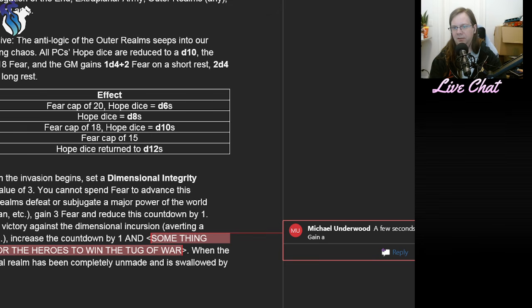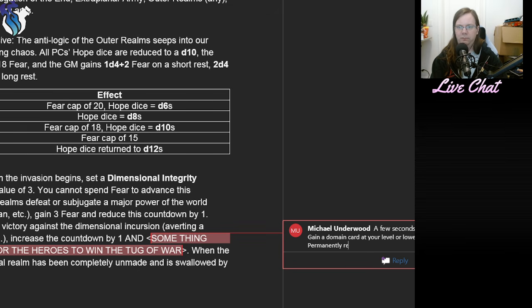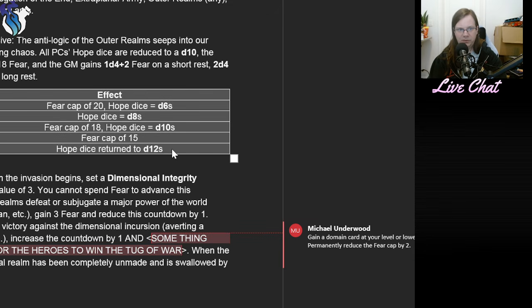Gain a domain card at your level or lower. So level 10 characters, when they're doing this, could get another level 10 domain card, which would drastically increase their power. Permanently reduce the fear cap by 2, in addition to all of this.